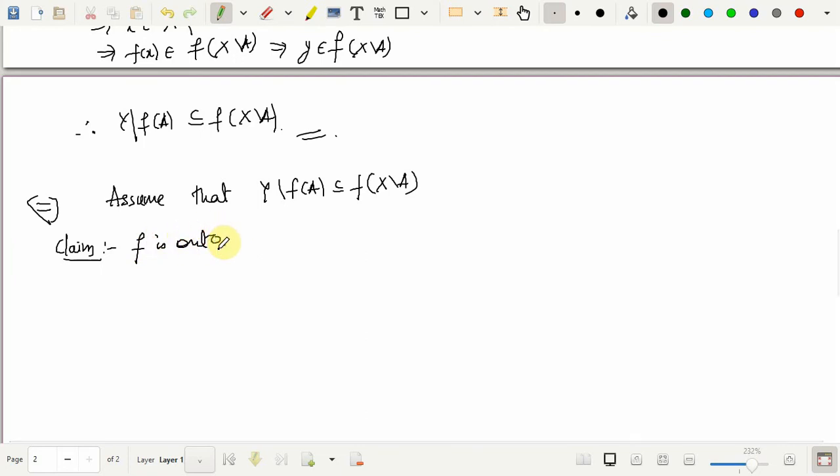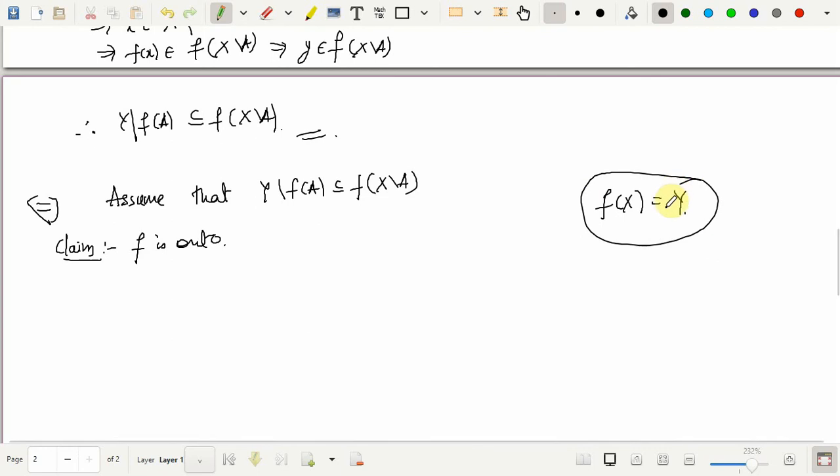So basically, to show that f is onto, it's enough to show that the range of the entire function, that is the image of the entire set f of X, is equal to Y. If I prove this, then we are done, because that's again a biconditional statement. Okay, and that we need to prove from here.